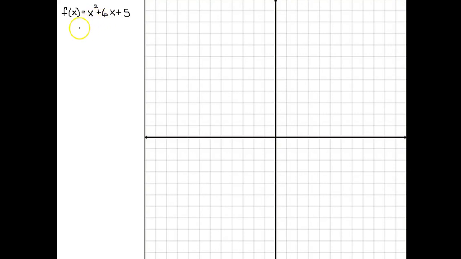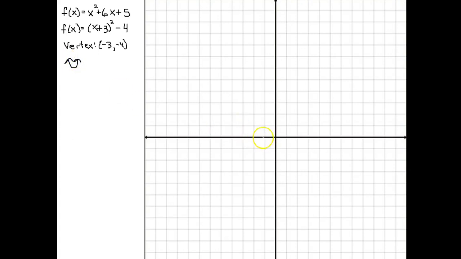When we completed the square, we got x plus 3 quantity squared minus 4. Vertex was -3 comma -4. And we know that this one is going to hold water.